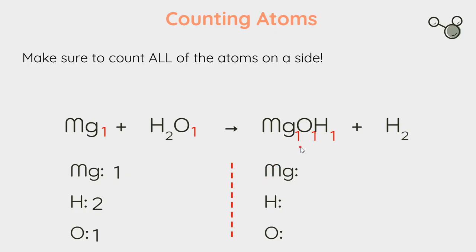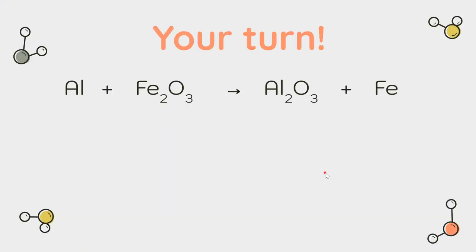We can see we have one Mg. I'm going to skip ahead and say that we have one O atom. Notice that we have one H from this molecule and two H's over here. So in total, one H plus two H's gives us a total of 3. So we need to count all of the atoms on a side.